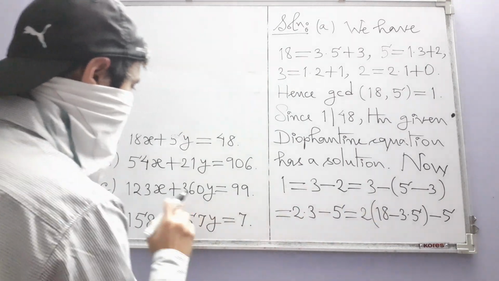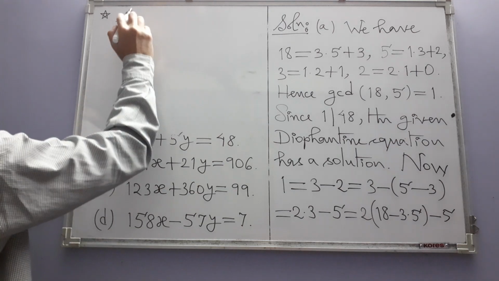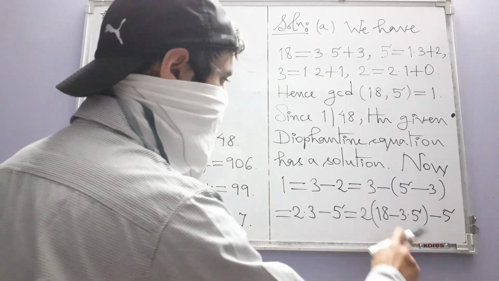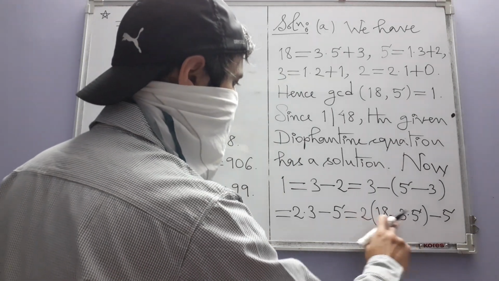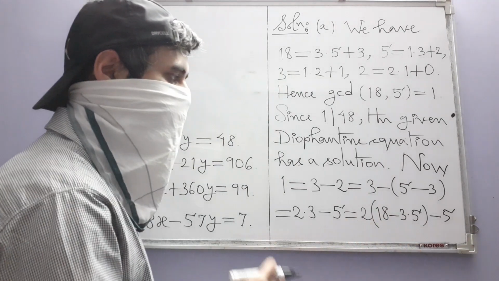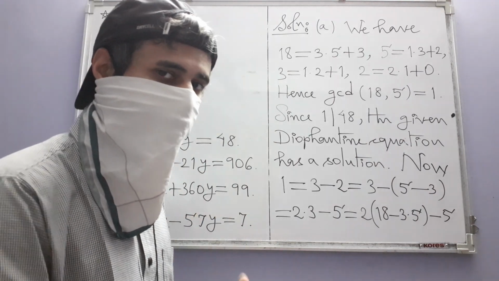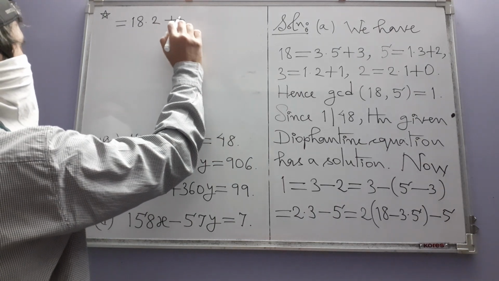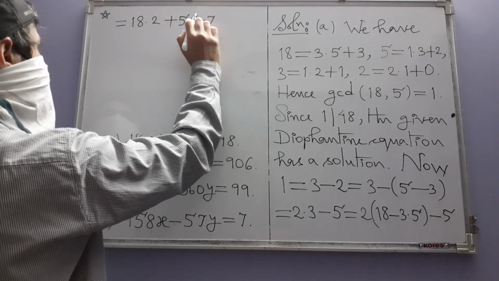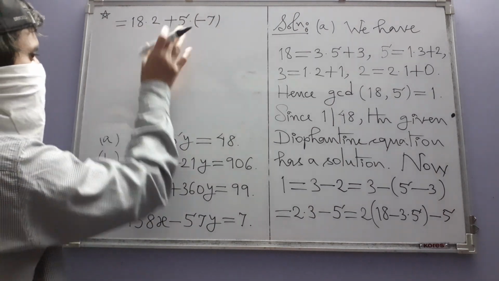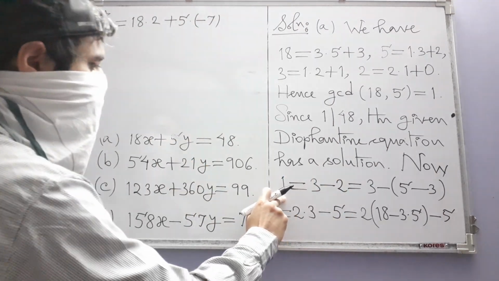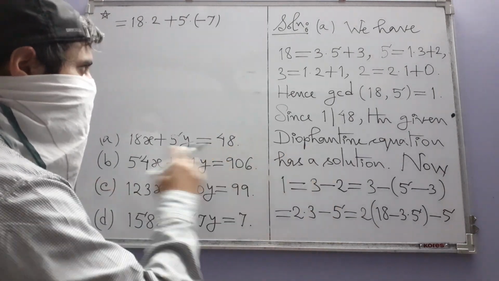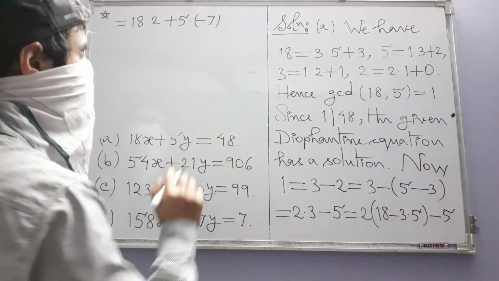This will be 2 times 18, so writing it like this, we get 18 times 2, and here these two things will give us minus 6 times 5 and one extra minus 5, that means minus 7 times 5. So this combination is equal to 1, but we do not want 1 on the right side, we want 48. So we multiply on both sides by 48.